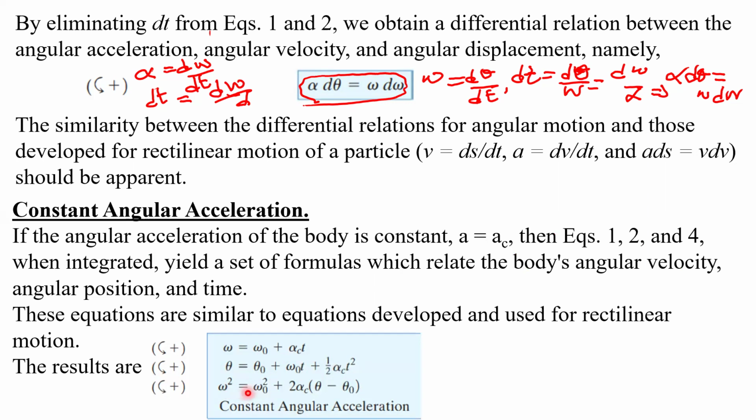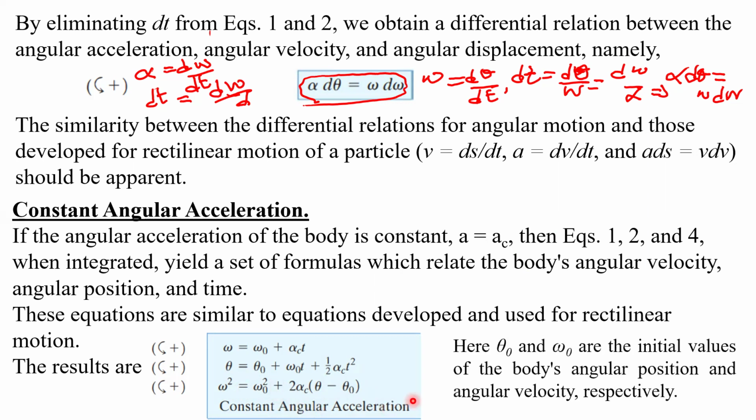Then omega squared is omega naught squared plus 2 alpha c into theta minus theta naught, which is similar to v squared is equal to u squared plus 2as. So here, the angular acceleration is constant. Hence, theta naught and omega naught are the initial values of the body's angular position and angular velocity, respectively.